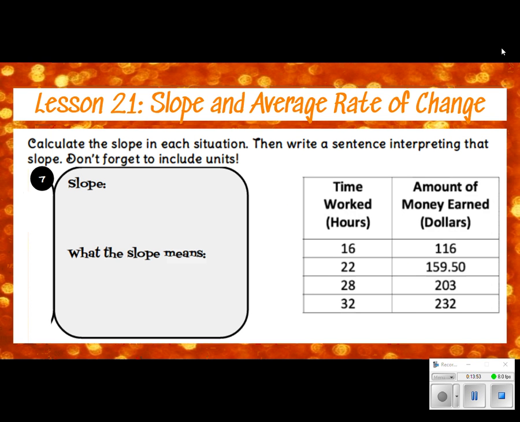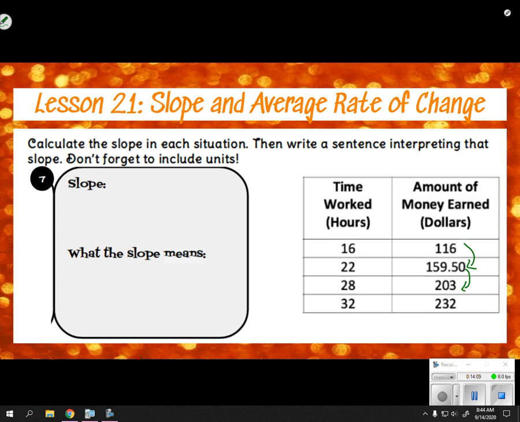So calculate the slope and then write a sentence interpreting that slope. Now we're dealing with amount of money earned, so we're dealing with dollars and cents. Decimals will be okay in this situation. Let's figure out how y is changing. I got my calculator here.